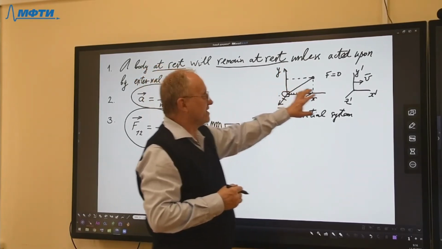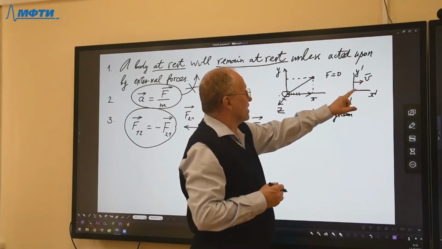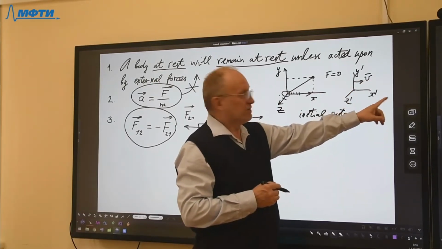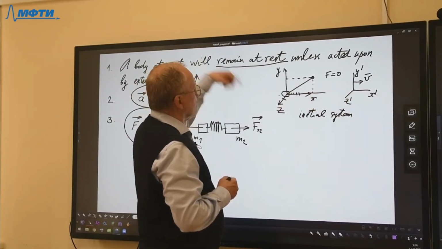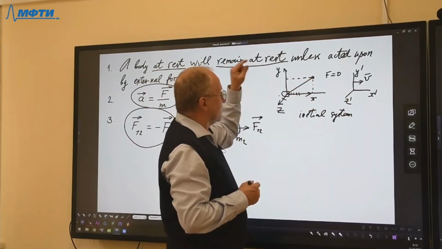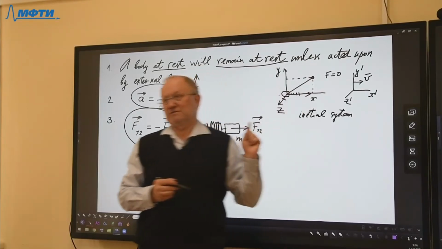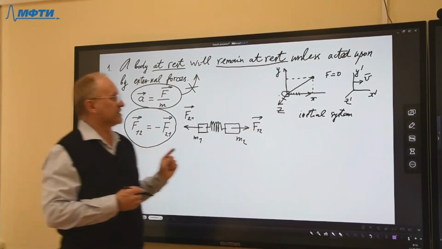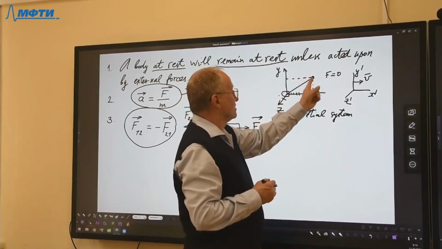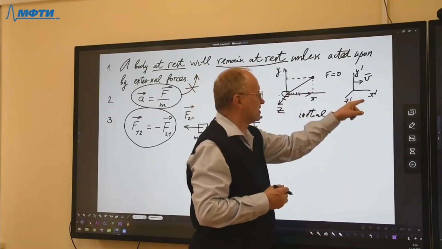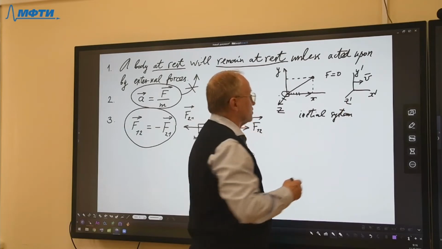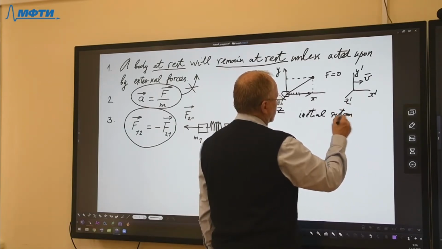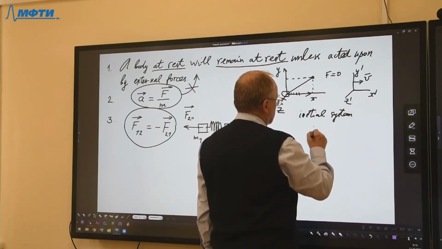But at the same time, any reference frame which moves will possess another property: if no forces act on the body, then its velocity will remain constant with respect to the second reference frame. And such a reference frame is also called an inertial reference frame or inertial reference system.